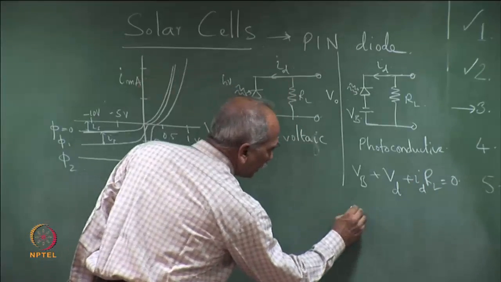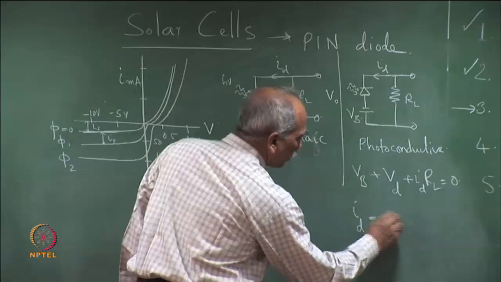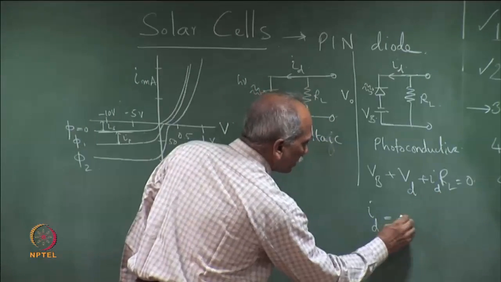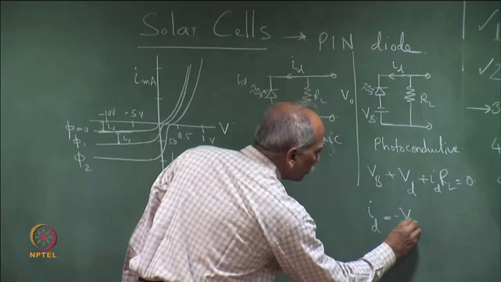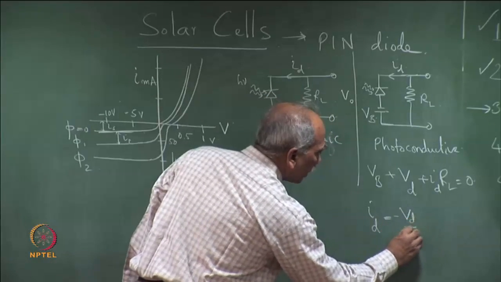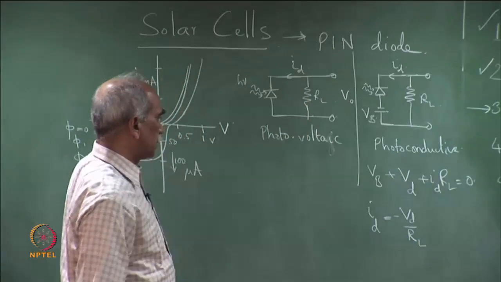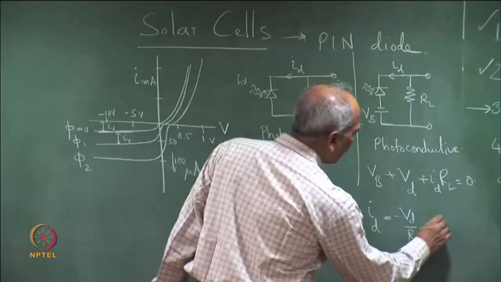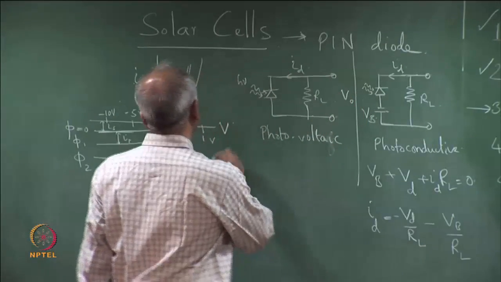The equation of the load line is I_D equal to minus V_D by R_L minus V_B by R_L.